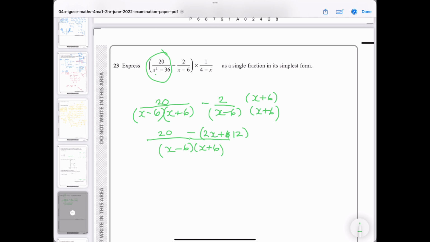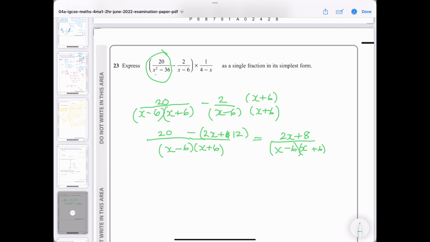I'm really bad at doing that. I've got to be much more careful. So that means that we have from just this 20 minus 2x and 20 minus 12, which means it's going to be 2x plus 8 over x minus 6, x plus 6. And I know that you're sort of like, well, with BIDMAS, wouldn't you have done that second? But because it's in brackets, it's fine.